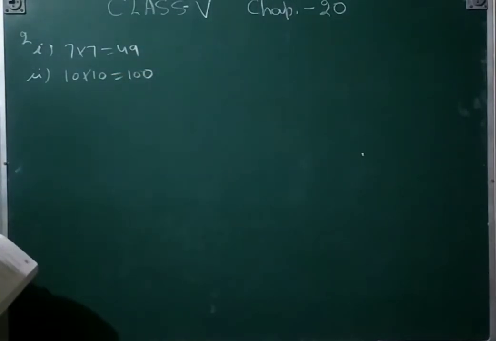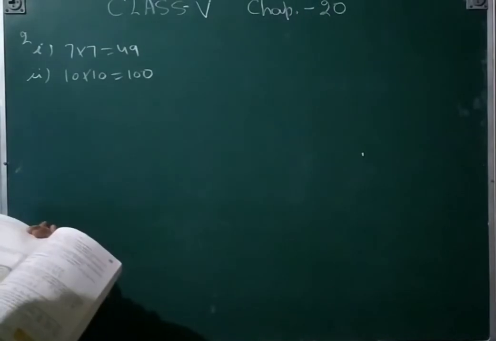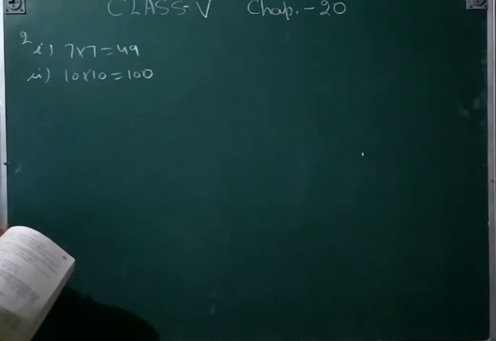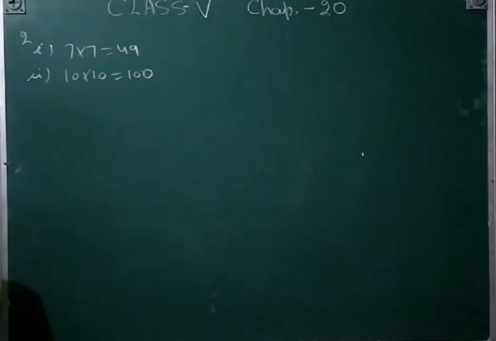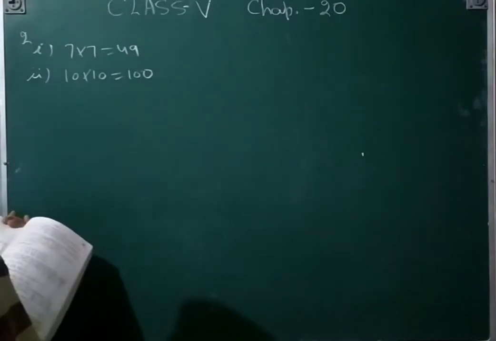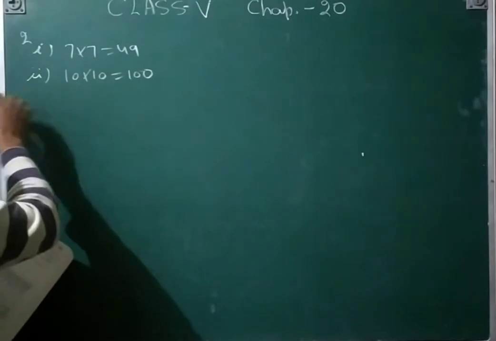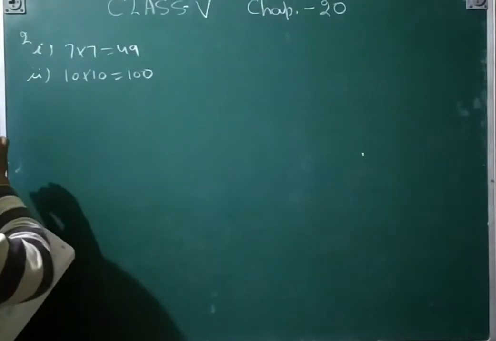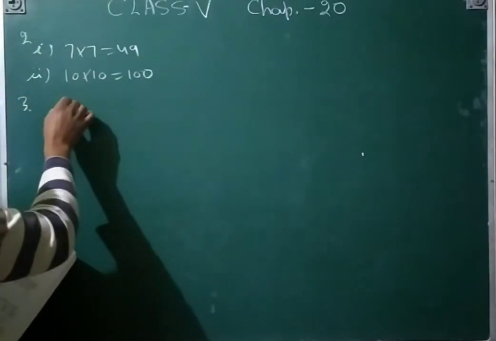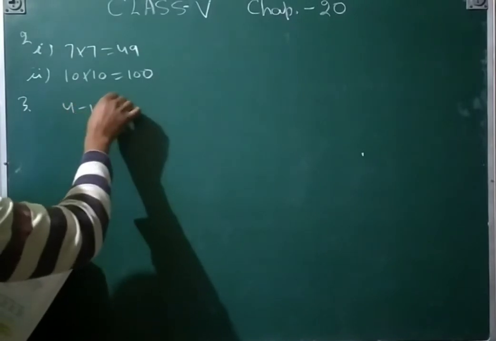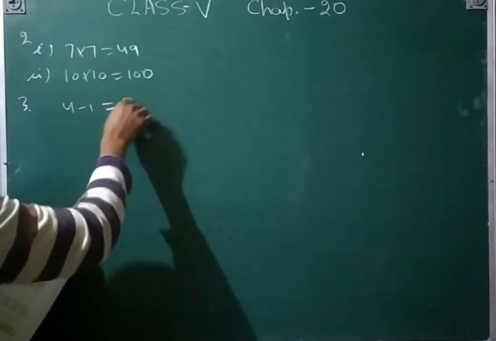Using the pattern, the difference between two consecutive square numbers will always be an odd number. Consecutive square numbers. So third question, like this: 4 minus 1, both are square numbers, that will be 3.